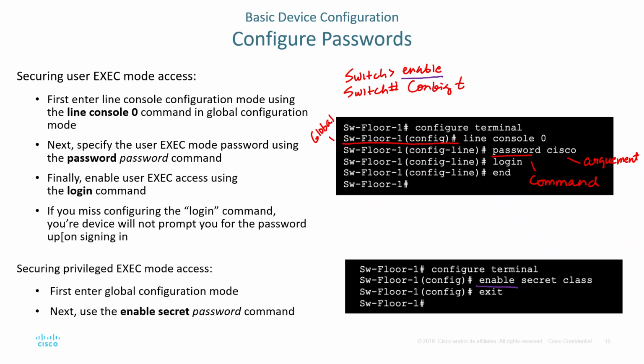So what this command says is when someone types in that word enable in order to try to get to global, they better know this secret password. The word secret is encryption.